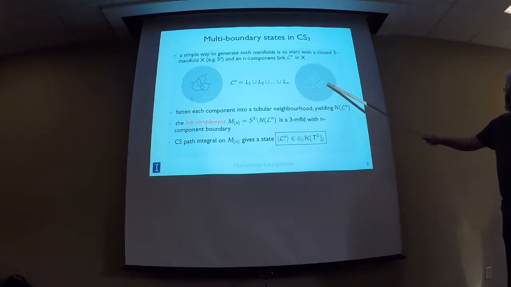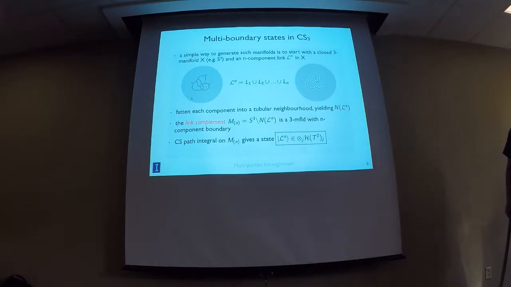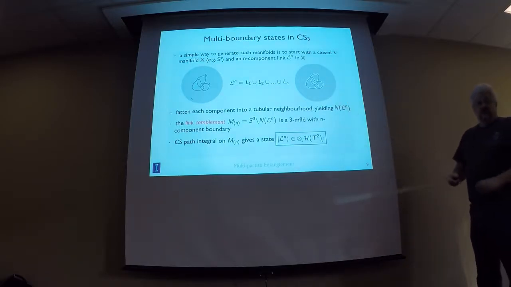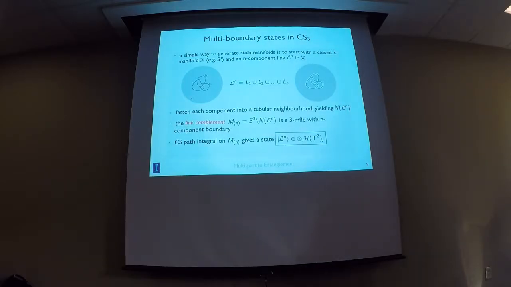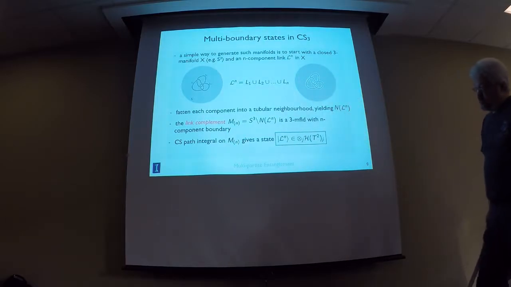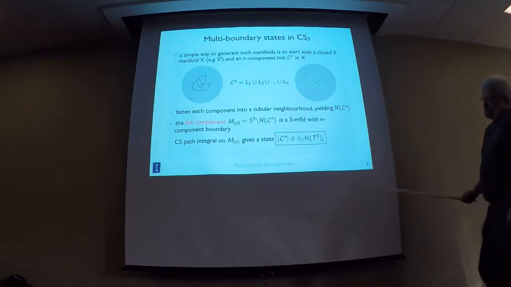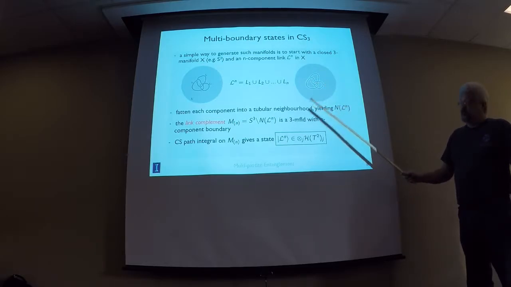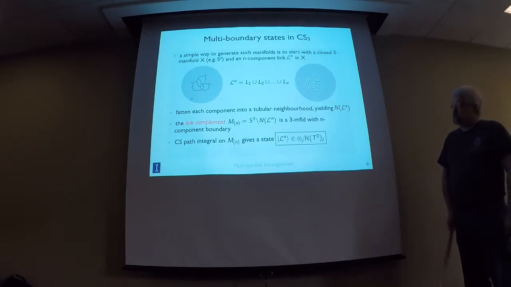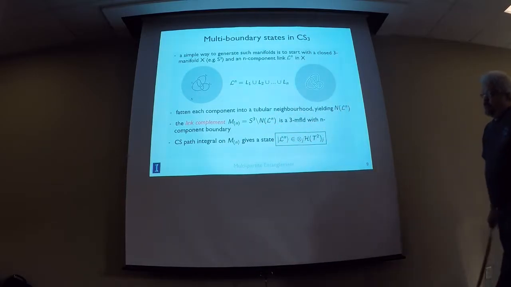And so each one of these now is a torus. Right? So you have tori that are linked. And as long as the neighborhood is sufficiently small, you can think about those tori as linked, but not intersecting. Okay? So we're imagining that they're separate from each other. And the complement of that fattened link then is a 3-manifold with an n-component boundary.